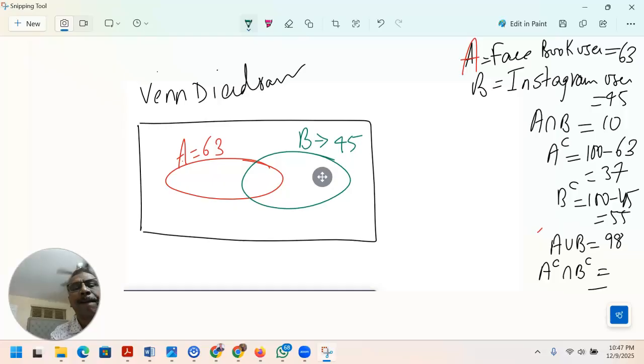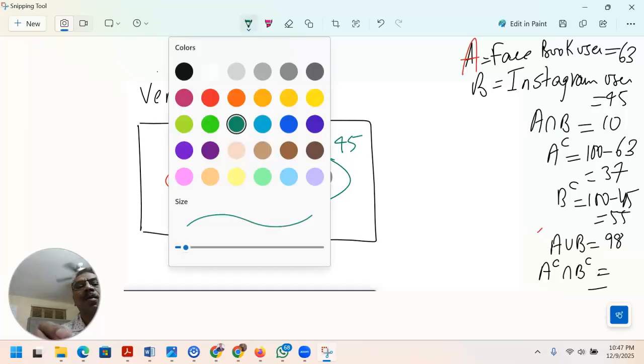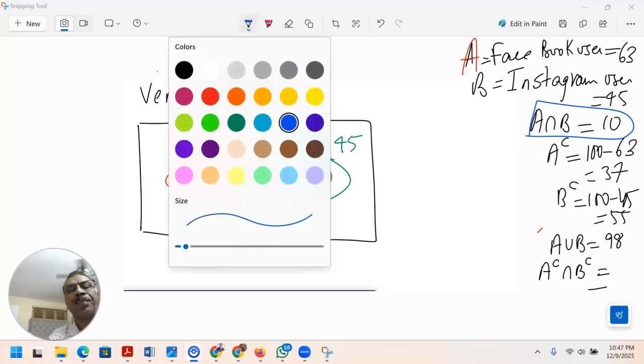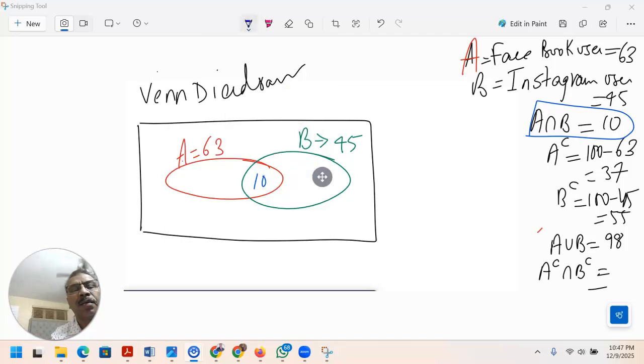Now, students who use both, blue color, here it is. 10 students use both. So this is the common region for both the red circle and the green circle. So Facebook and Instagram, 10. So what is this piece inside here I'm talking about?